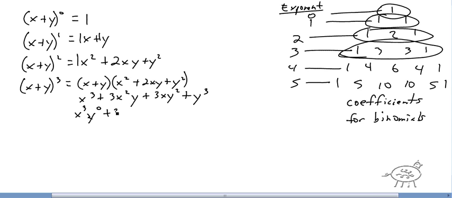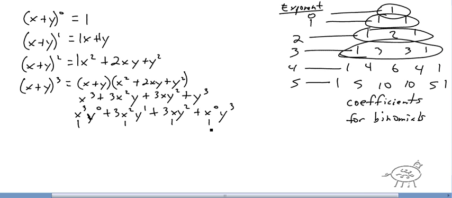And this next one is 3x squared y to the first, then plus 3xy squared, and then plus x to the 0 y to the third. So what's going on is you really have both variables here, except the x starts out to the third, then goes to the second, then the first, then the 0 power. Anything to the 0 power, of course, is 1.